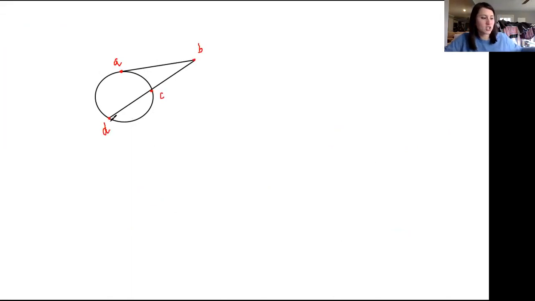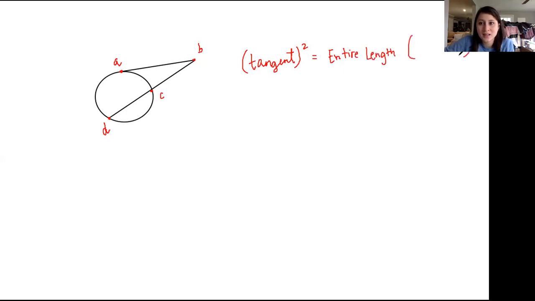So when you have a tangent and a secant intersecting, what's interesting is that actually the tangent squared is equivalent to the entire length of the secant and the part outside the circle. So similar to the other one, outside the circle.